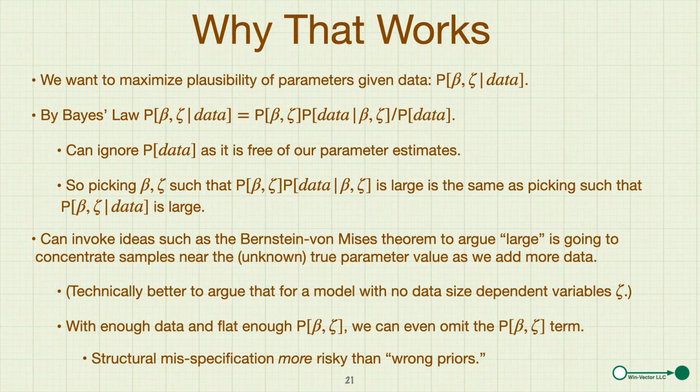So why does this do anything we care about? Well, we want to do an inference, which means return a beta that is very high likelihood given the data. Well, by Bayes' law, that's equivalent to finding a beta such that the prior probability of beta times the probability of data given beta is high.